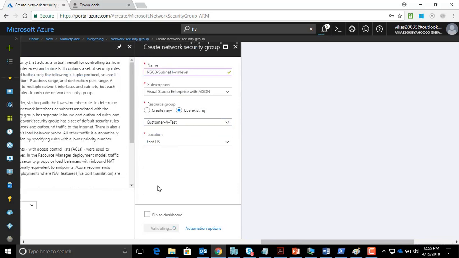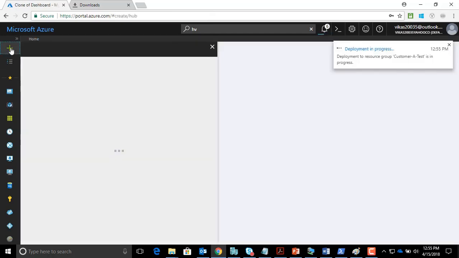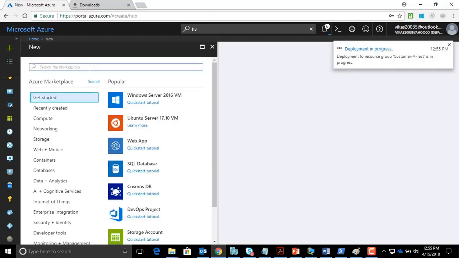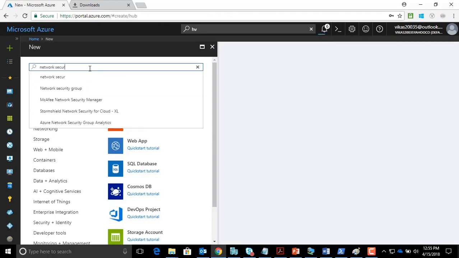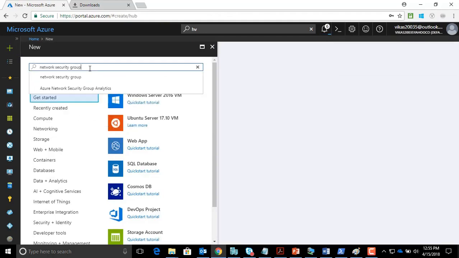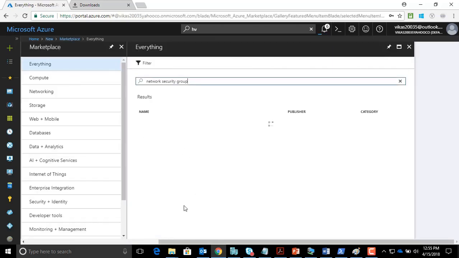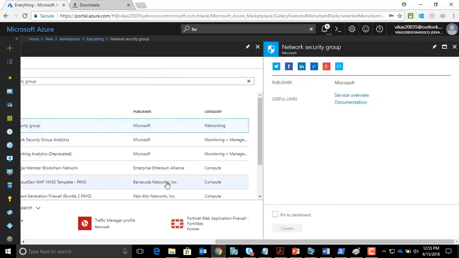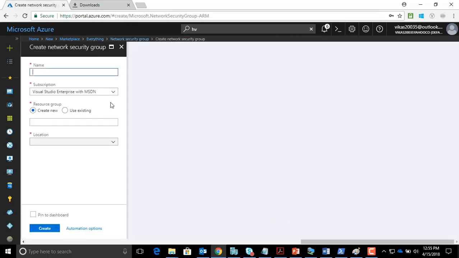Next, I'm going to create NSG number 4, which is for the subnet 2 VM level. I'll explain that scenario in a couple of minutes. So, network security group, which is subnet 2 VM level, NSG number 4.